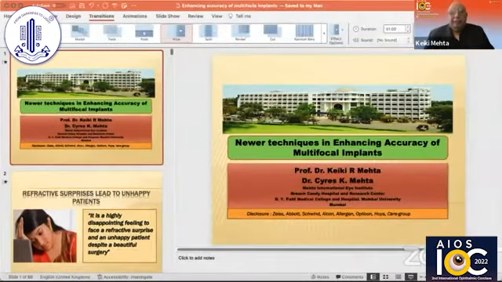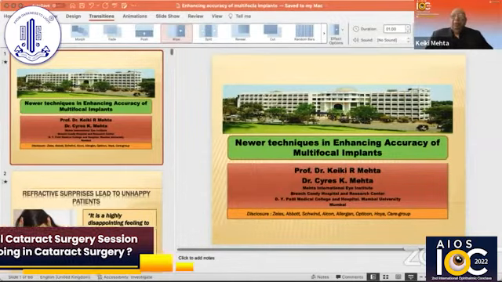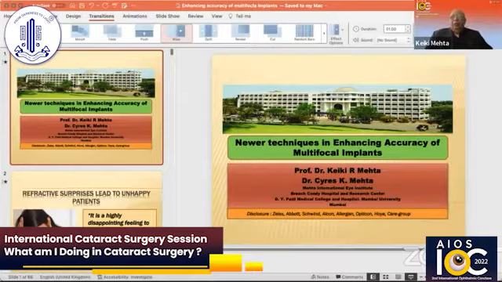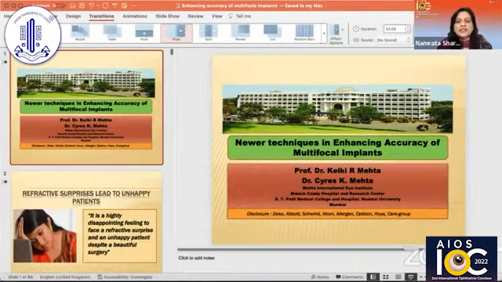Can you see my slide, Namrita? Yes, sir. I'm going to talk about a few newer techniques of enhancing accuracy. Just have to make it slideshow. Slideshow, sir. Okay. At the bottom right, or at the top, whatever. That's a slideshow. Okay.